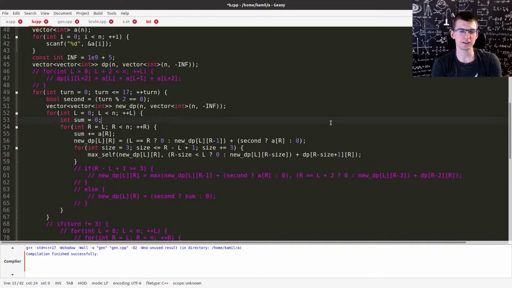I can make it 3 times faster by doing this part only if r minus l plus 1 is divisible by 3. What else can I do? Do I really need this?